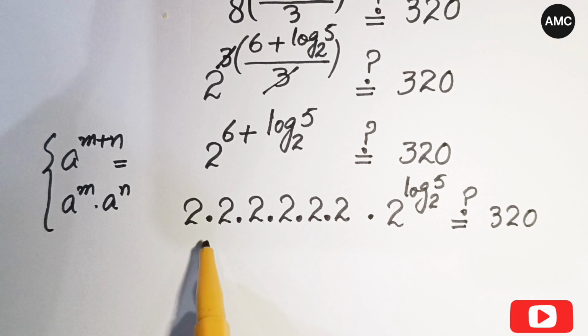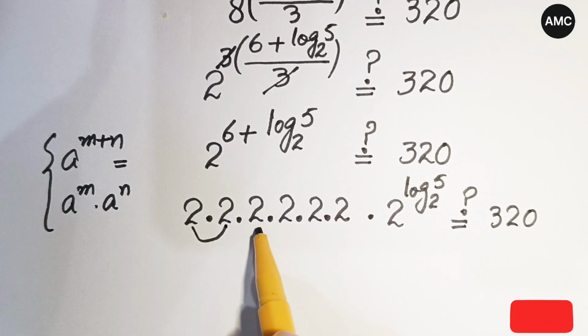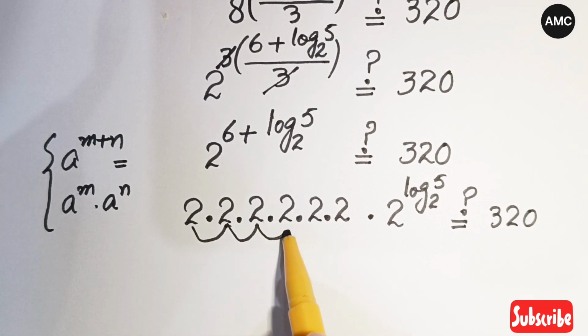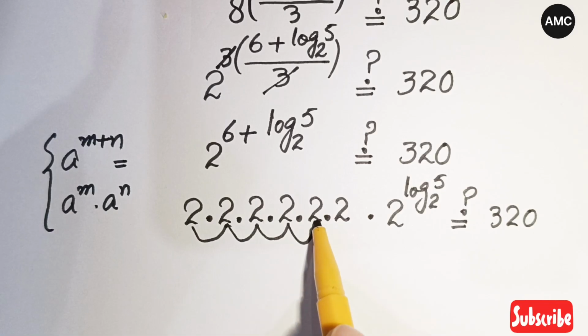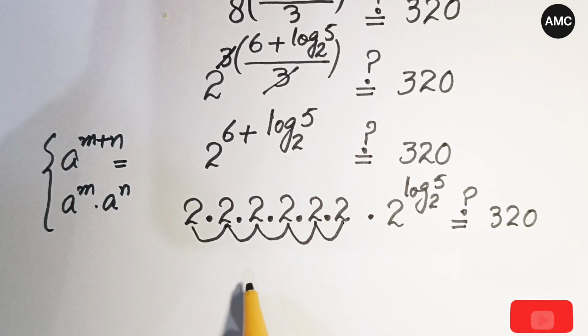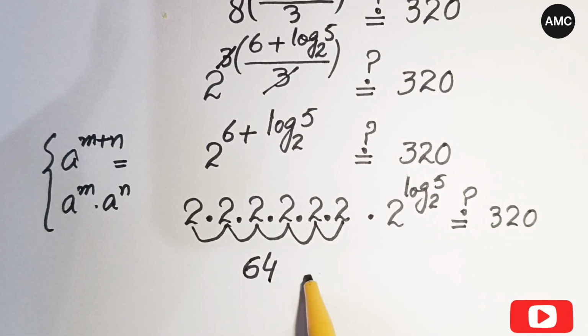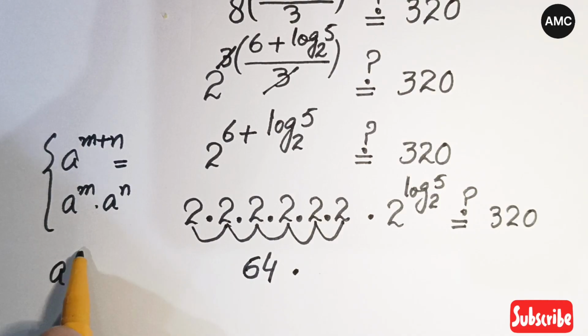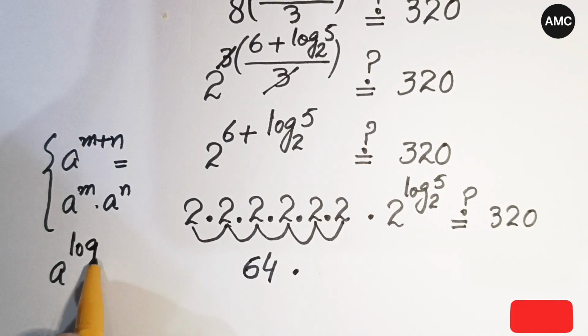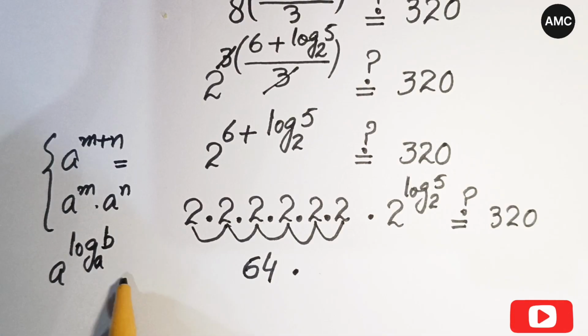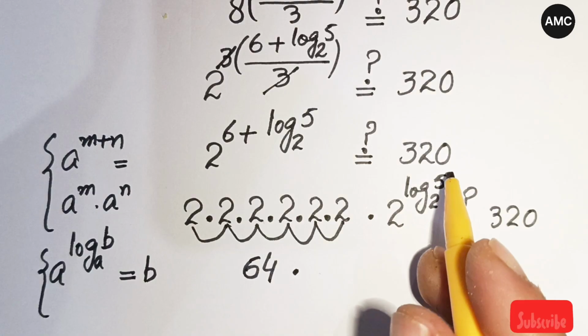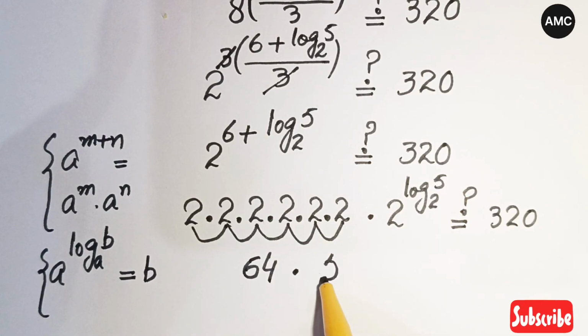Now 2 times 2 is 4, 4 times 2 is 8, times 2 is 16, times 2 is 32, and times 2 is 64. Times, here we can use the logarithm law, as we have a to the power log b to base a is equal to b. Applying here, we get 5 as the value of b.